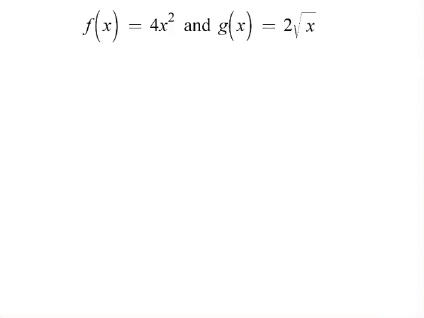All right, we're going to look at this one because this one's a little different with the squared. Same process. So first of all, f of x equals 4x squared, g of x equals 2 root x. So very first step, f of g of x.